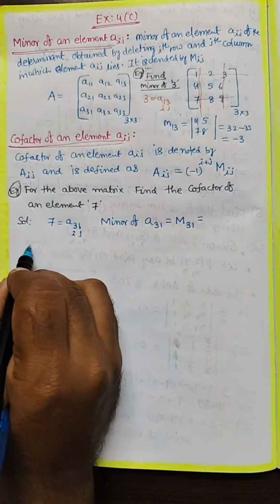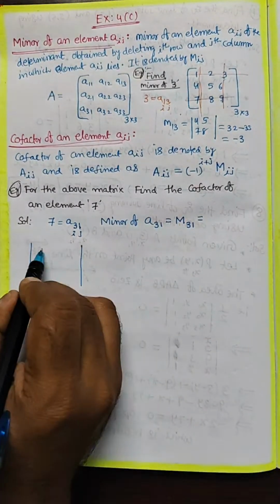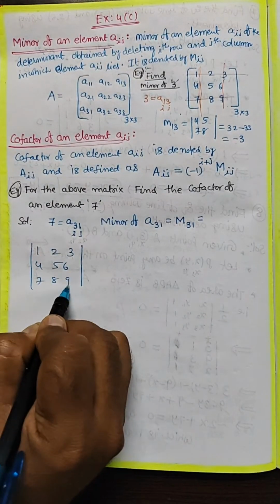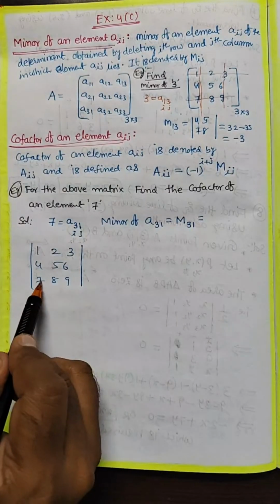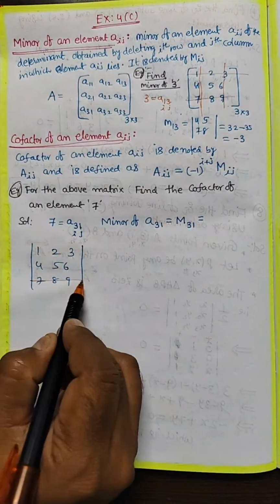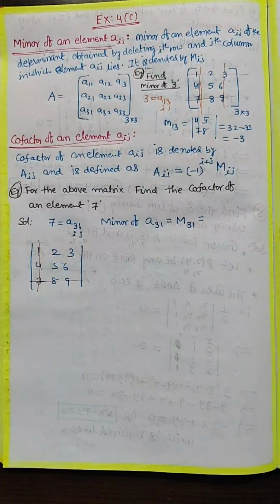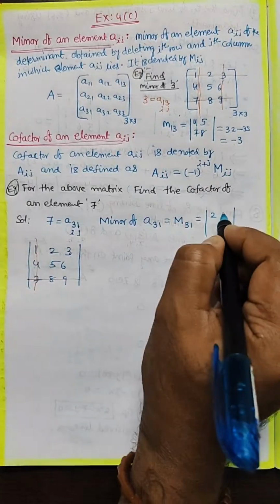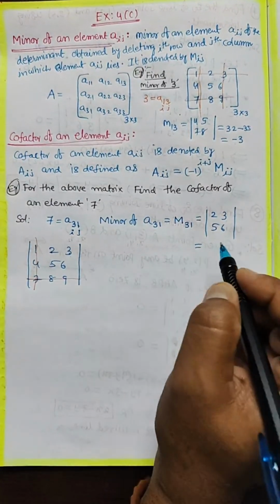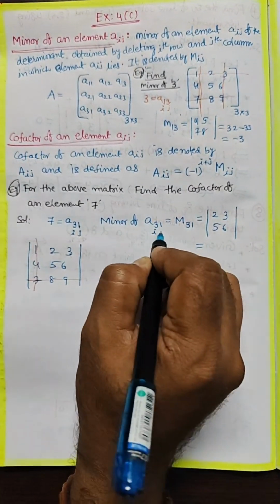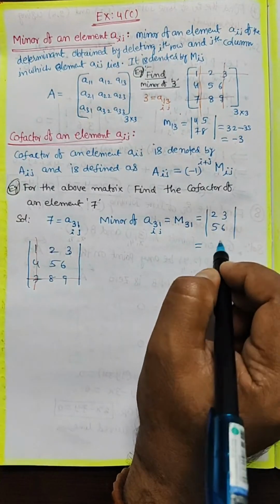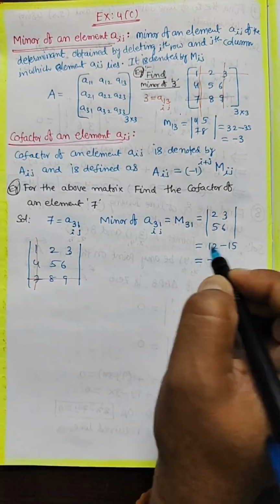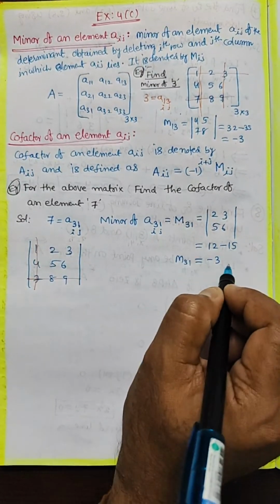For the same determinant, 1, 2, 3, 4, 5, 6, 7, 8, 9, I want the minor of element 7. Eliminating this row and this column, the rest of the determinant is 2, 3, 5, 6. I hope you understand. i is equal to 3, j is equal to 1. So 2 into 6, 12, minus 5 into 3, 15, that is equal to minus 3. So M31 we got as minus 3.